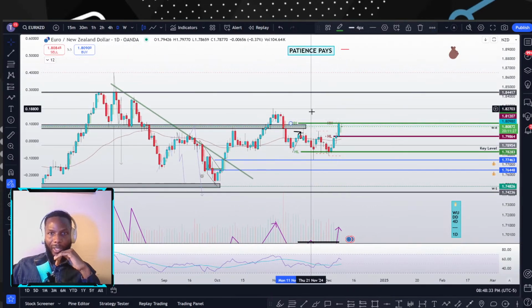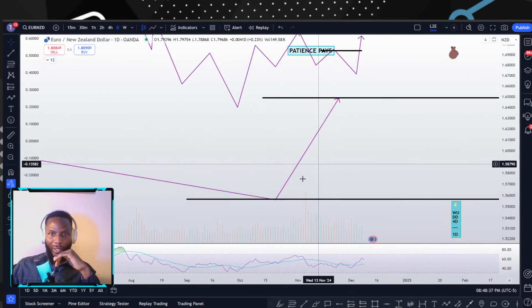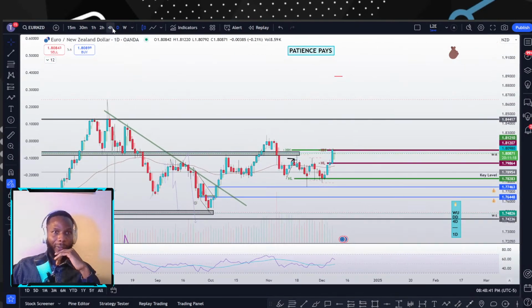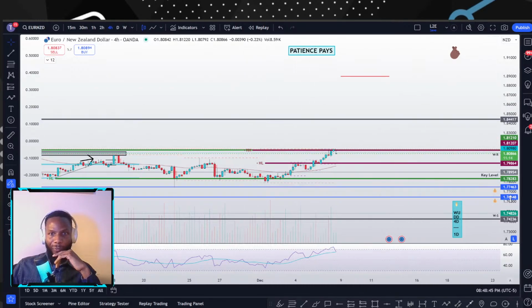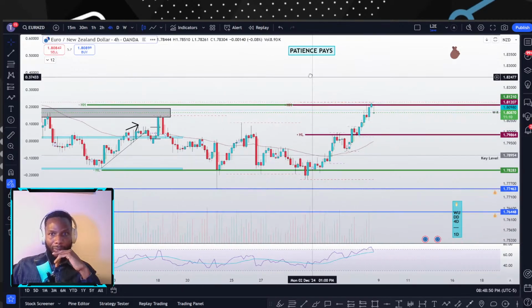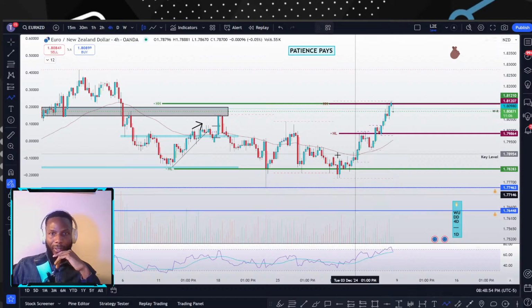So I know the daily is in an uptrend. As you can see, the arrow is up, and in this one the arrow is up: the weekly is up, the daily is up. And now when I go down to the 4 hour, when I wanted to find the direction, I could just see clearly that we had this here.